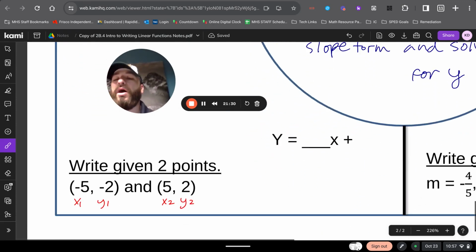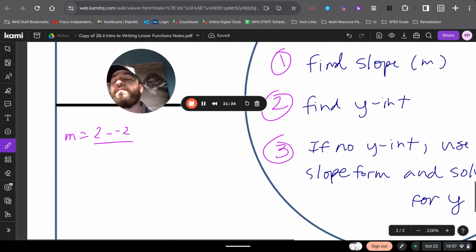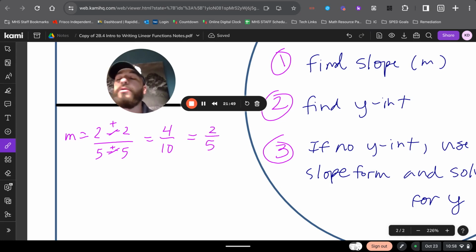And on the bottom, our x2 is 5, and our x1 is -5. So 5 minus -5. And just like we've talked about before, both of those double negatives are going to become positive. So that would make this into 4/10. And 4/10 we could reduce to be 2/5.